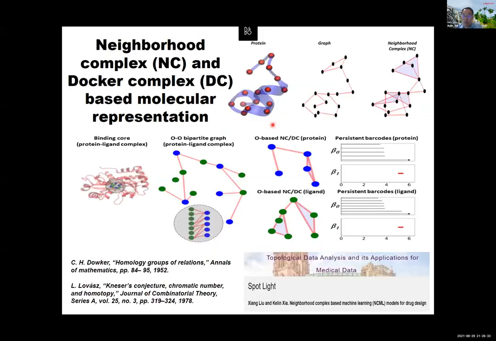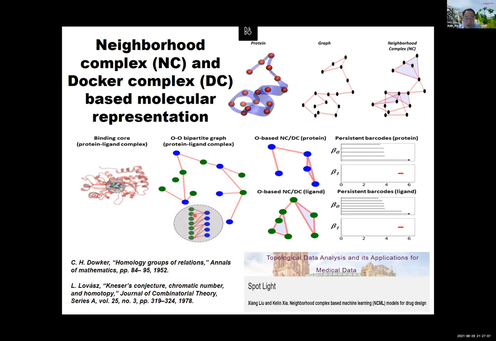Another more recent work is to check other different types of simplicial complexes. Previously, we basically just played with the Rips complex and the alpha complex. But now we found that the neighborhood complex and the Dowker complex can be used very naturally in the biomolecular interaction process. Essentially, if we have a protein and a ligand and we just care about how they interact with each other, then these can be represented as a bipartite graph.